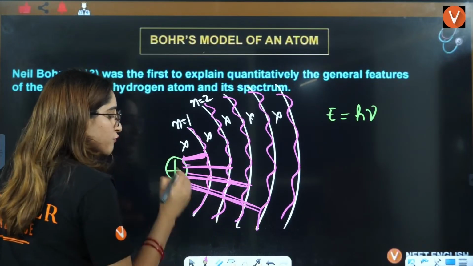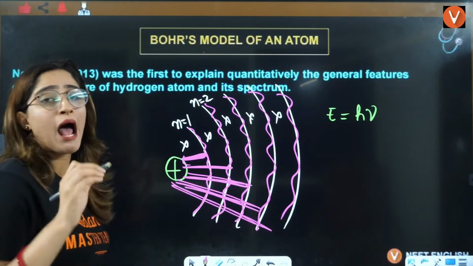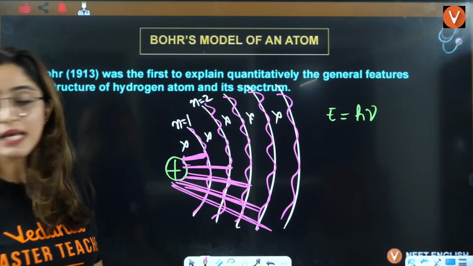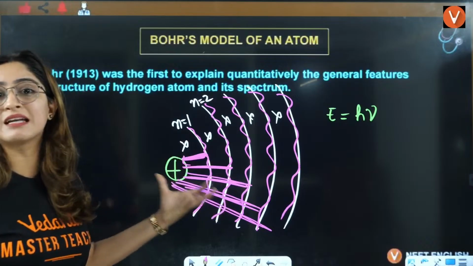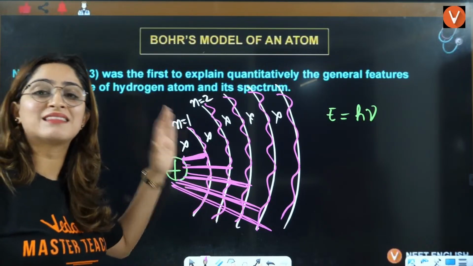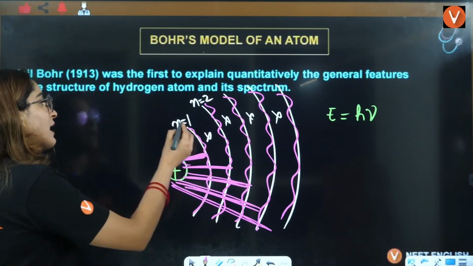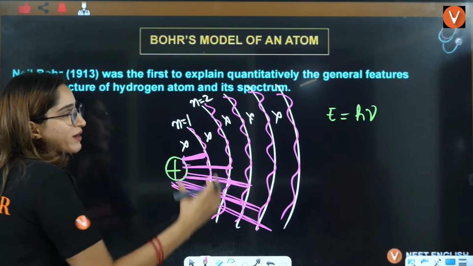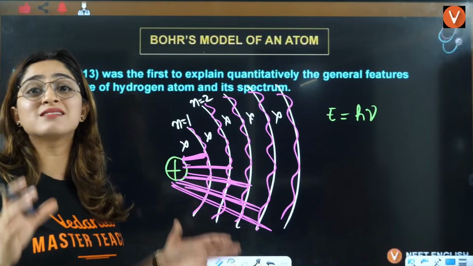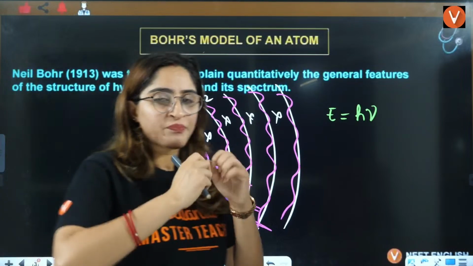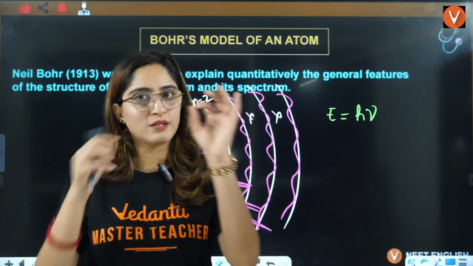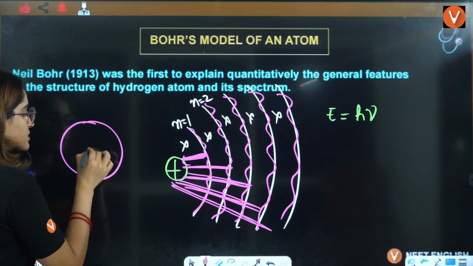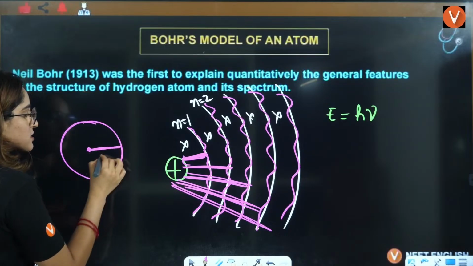Got it, everybody? That fixed distance we define as the radius. For n equals 1, what is the fixed distance? For n equals 2, what is the fixed distance? That is defined as the radius. What is the radius in a circle? If I draw a circle here, from the center point, this distance is the radius.